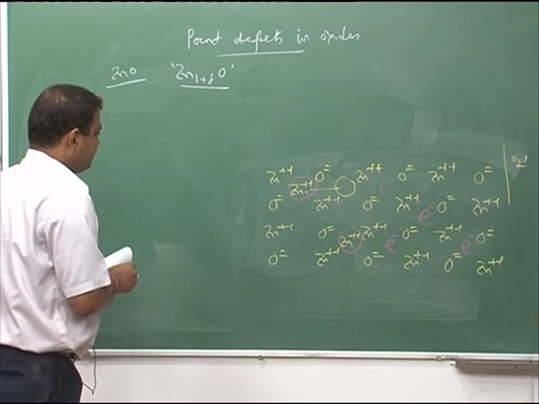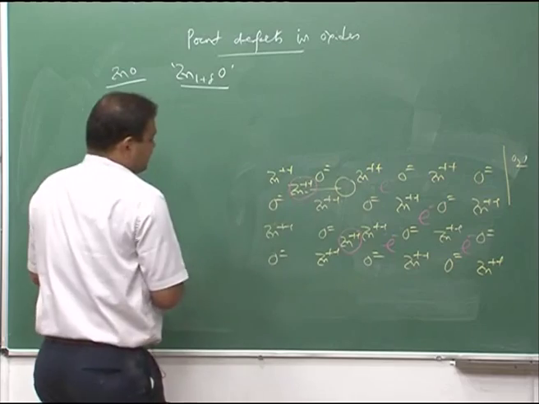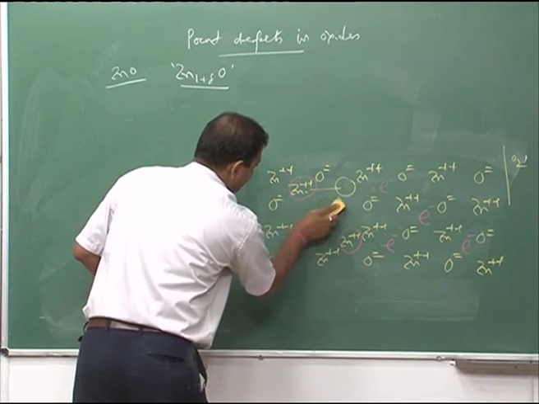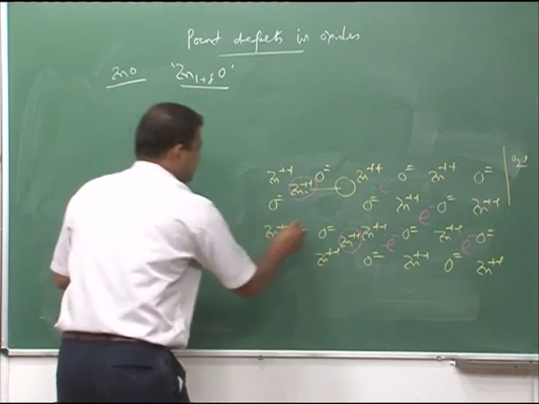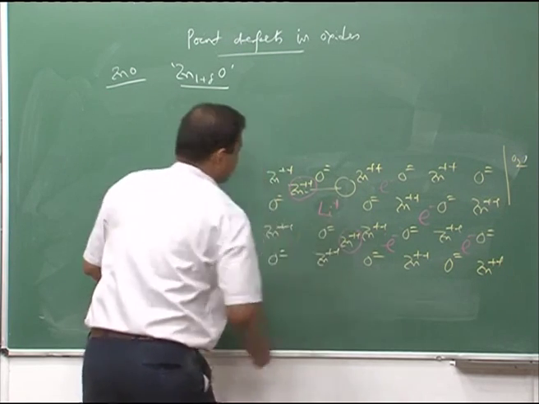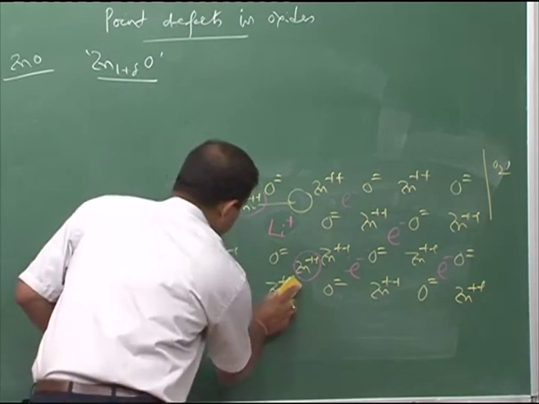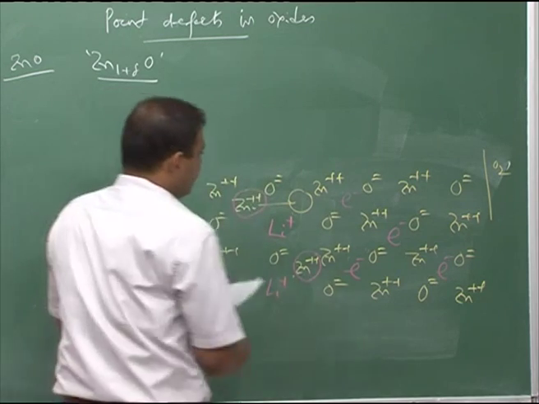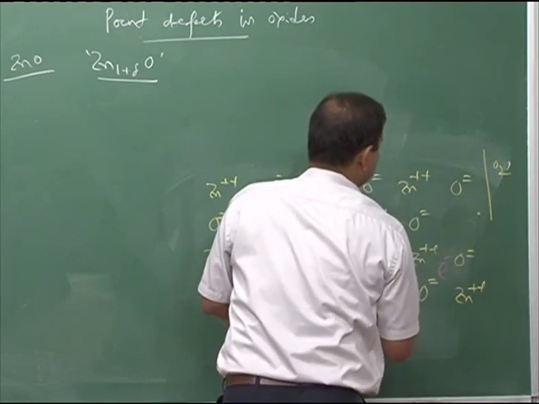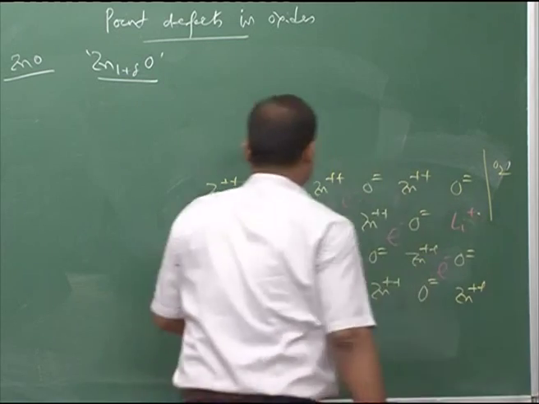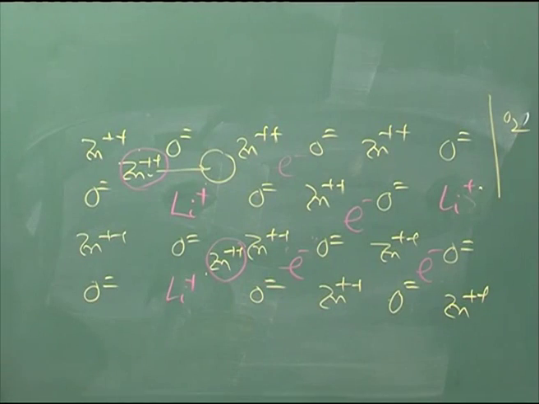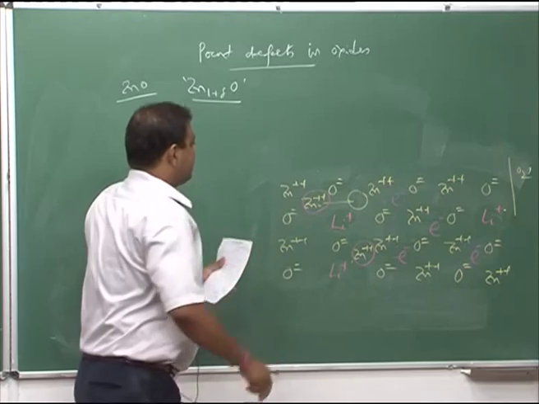Let us replace one of the zinc cations from the normal lattice point with a lithium cation. Another one, let us replace with a lithium cation, and we can also replace one more cation with lithium plus. So, that means we are replacing 3 zinc cations with monovalent lithium cations.